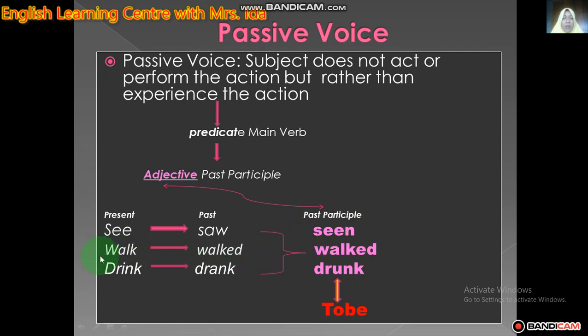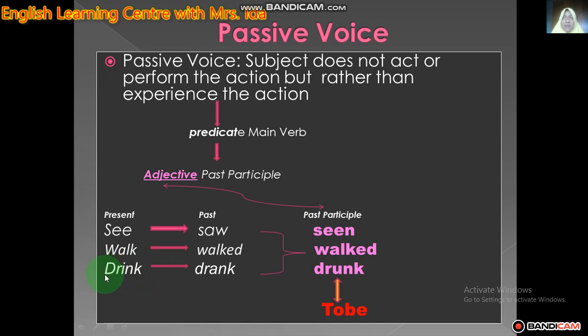Another example, walk. From walk in present form, when we describe the action in passive voice, we have to change it into walked to become a past participle. And also the other example, drink.